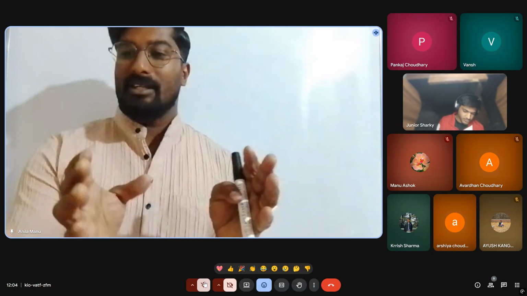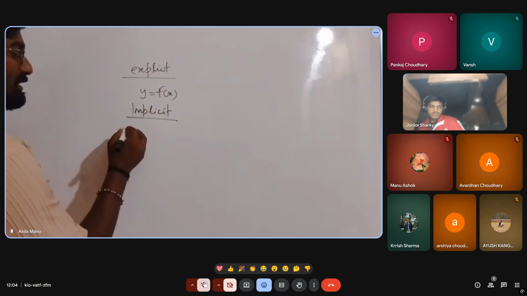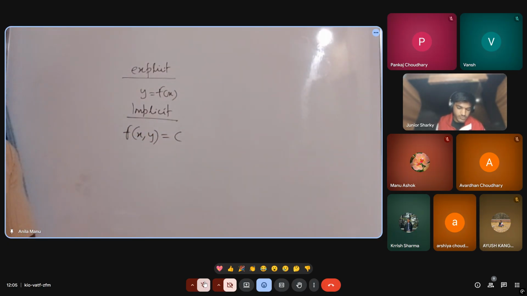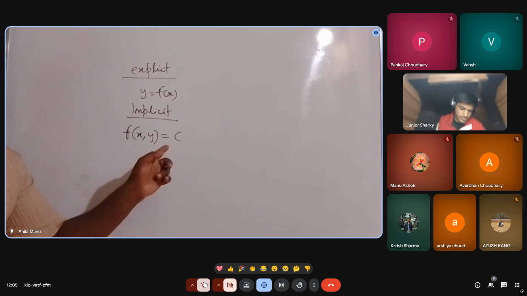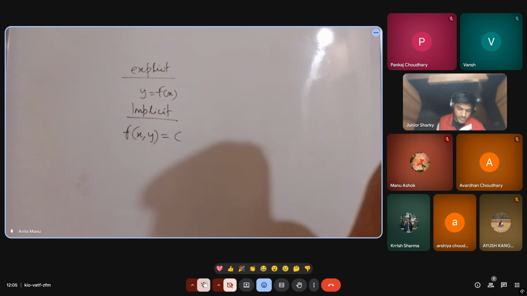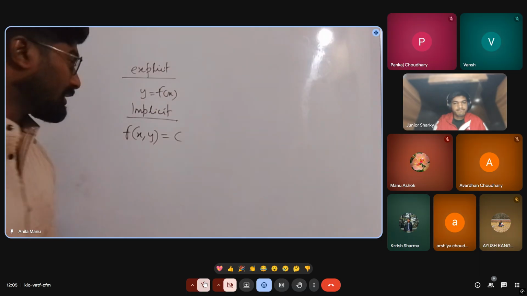That kind of function is called an implicit function, that is, a function of the type f of xy is equal to a constant. Note it there: any function of the type f of xy is equal to c is called an implicit function.